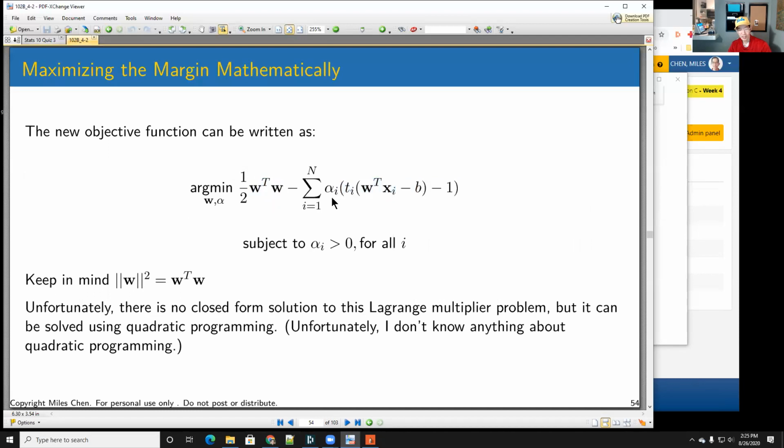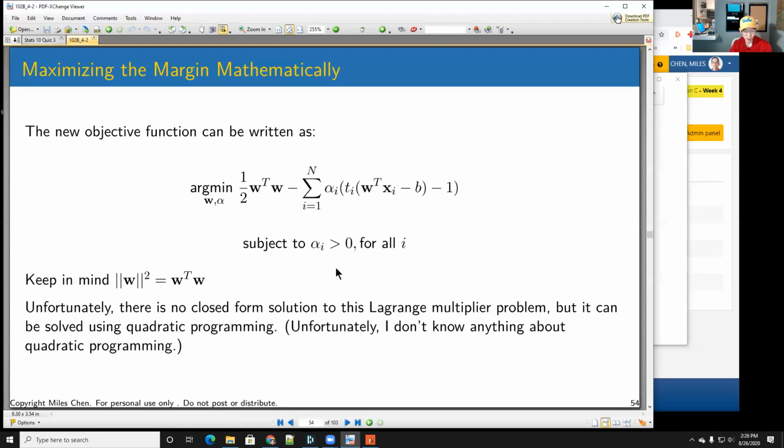In Lagrange, you normally use a lambda, but for whatever reason, we chose alpha. It's fine. So we've got a whole bunch of these Lagrange multiplier terms that we have to include, for every single data point, all n of them, subject to this.